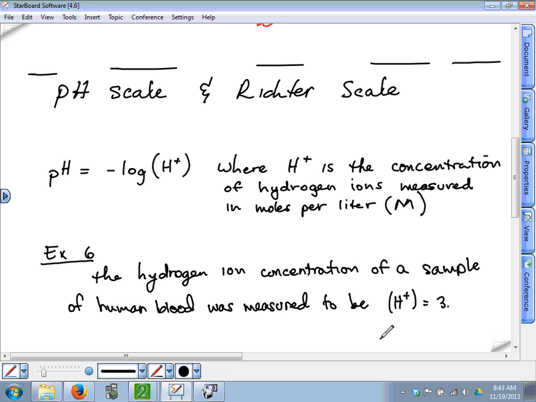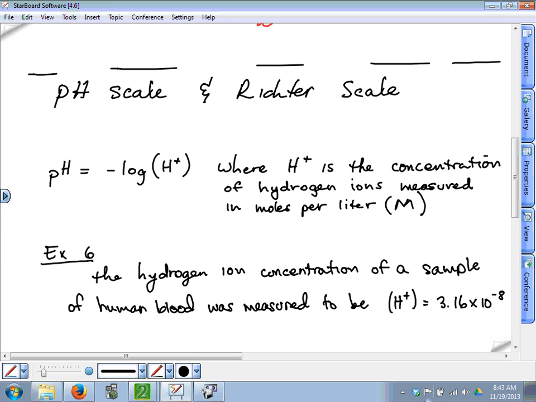Now the reason that we're using scientific notation, the hydrogen ion concentration measured in moles is an extremely small number. So it's 3.16 times 10. Well, that's the pH, but this is the hydrogen ion concentration.